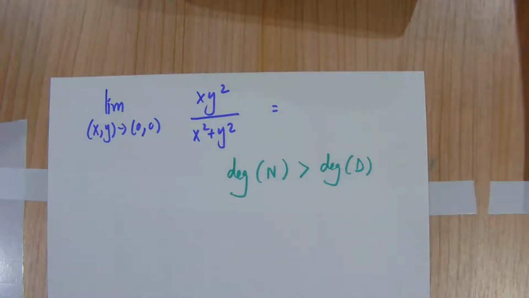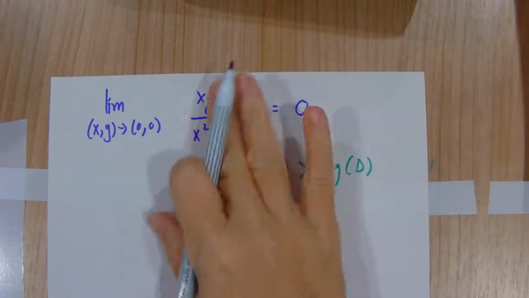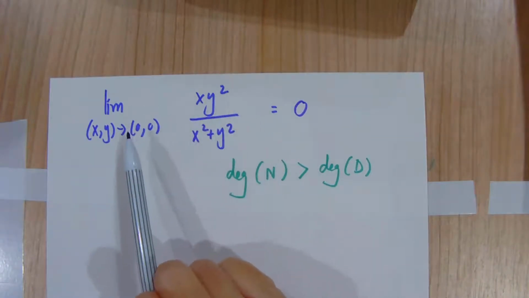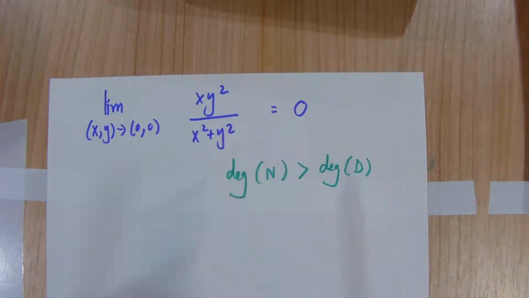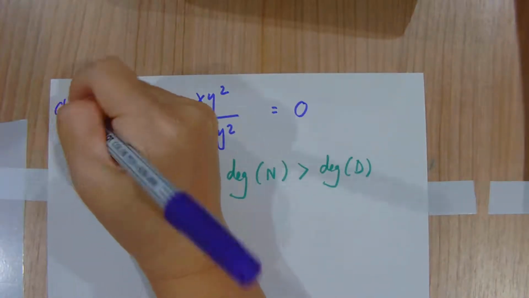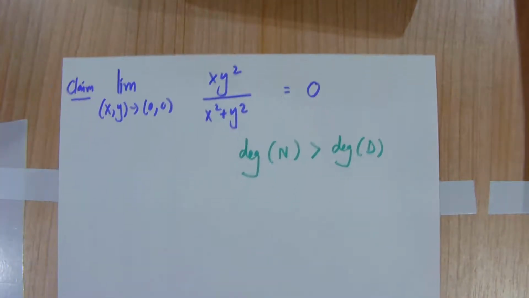Most of the time the answer is 0, because if you cancel something, you are left with the top term, and after you replace it, it is equal to 0. There is also an exception case, but it is also equal to 0. Okay, so we claim this limit is equal to 0, and we have to prove that.